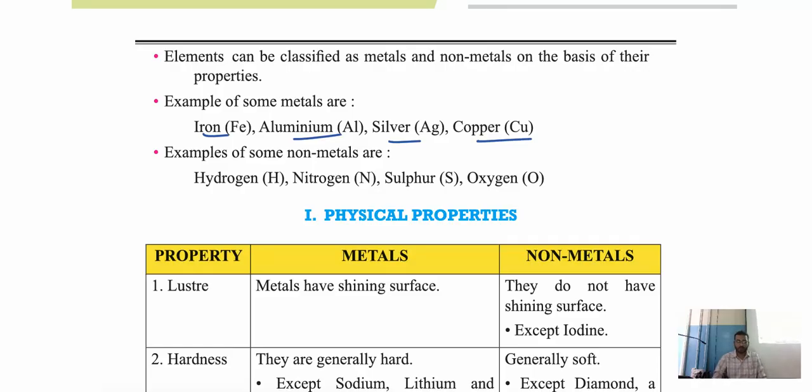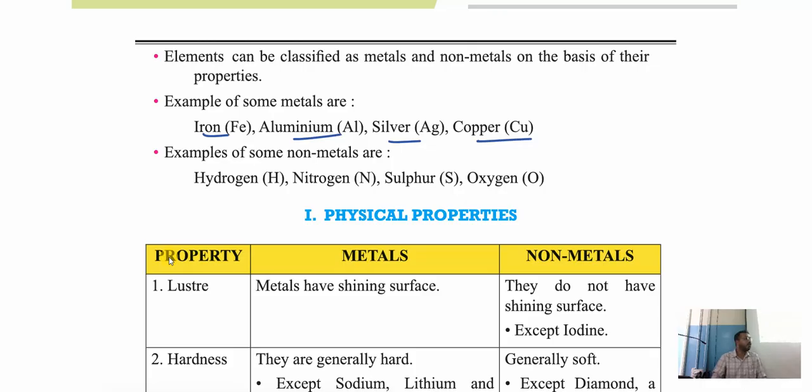And some examples of non-metals are hydrogen, nitrogen, sulfur and oxygen. Hydrogen is H, capital H, not small letter h. Please remember these symbols, where we have to use capital letters and where we have to use small letters.